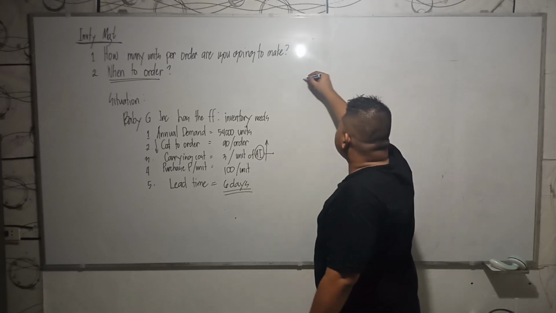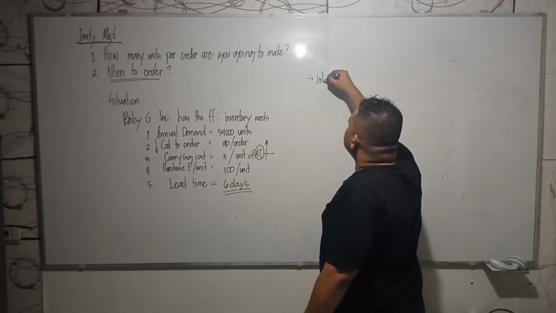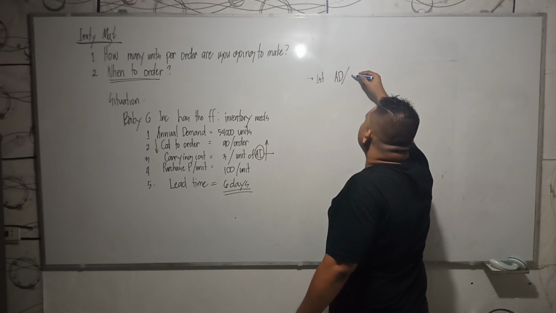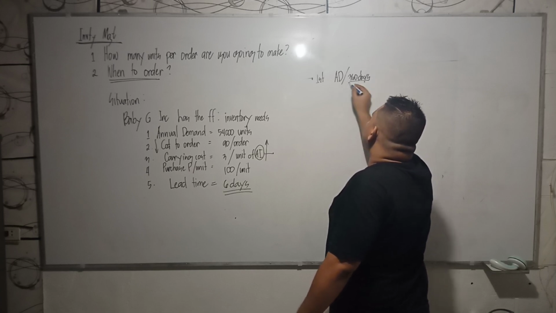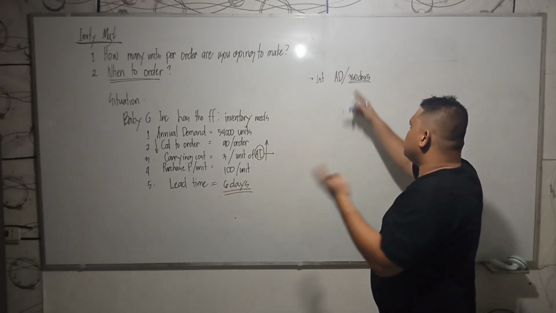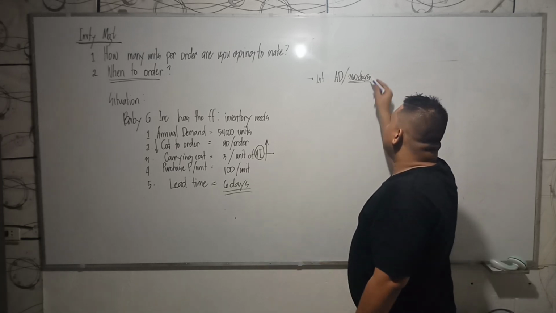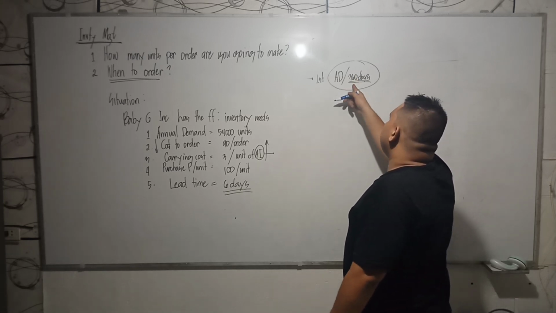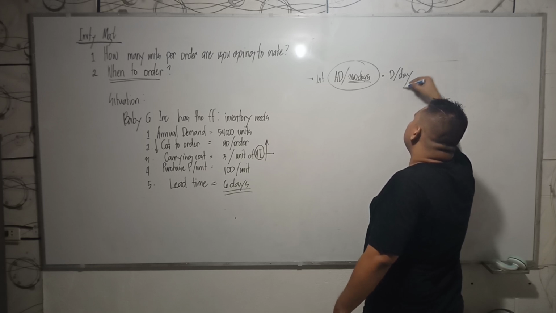So how do we compute that? Of course, first, you have to get the annual demand divided by 360 days. If the company is operating 360 days a year, it could also be 365 or whatever. So in this particular case, let's have 360 days, for example. So if the annual demand will be divided by 360 days, you will get the demand per day. So that's the first step.